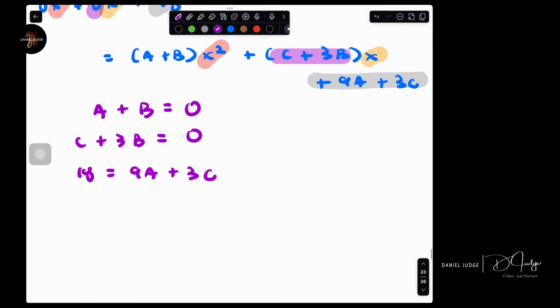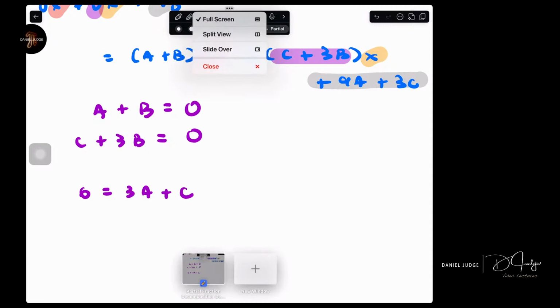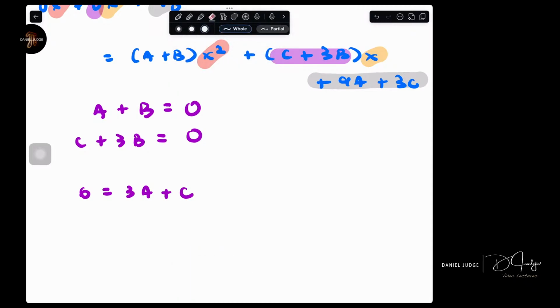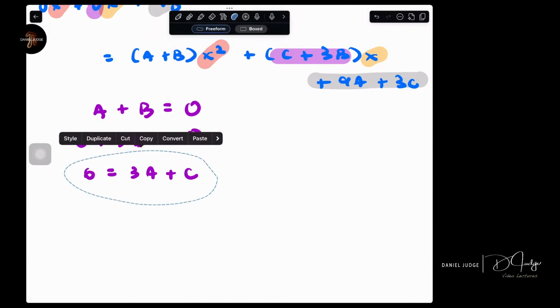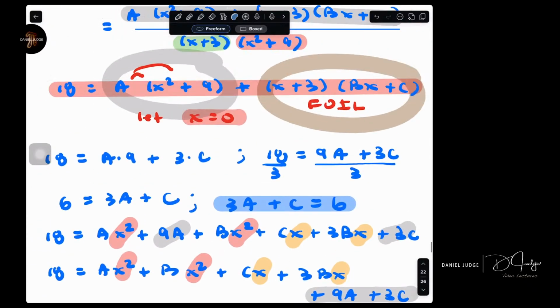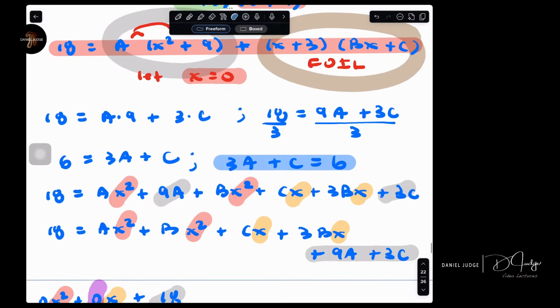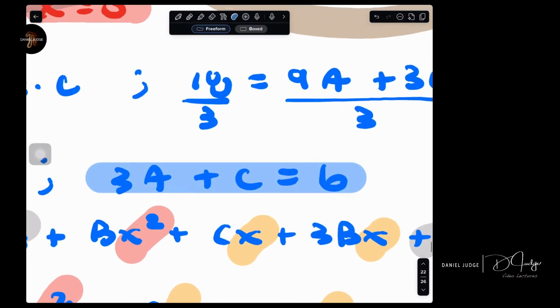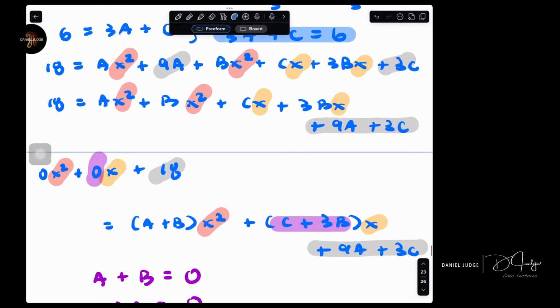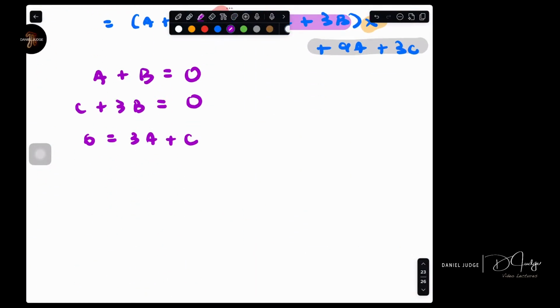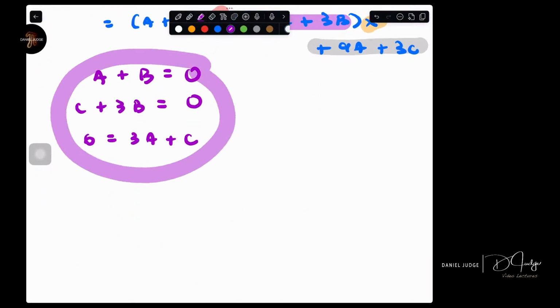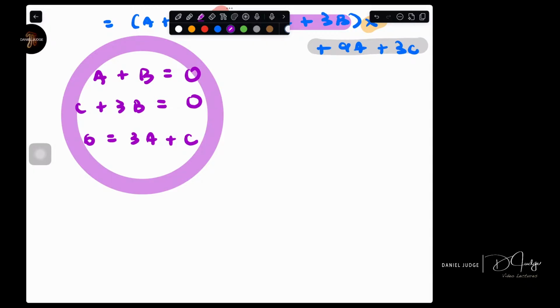So, like we said, that equation reduces to what you already know. And you might say, where did we get this one? Well, we got this one from when we took cases here. 6 is 3a plus c. Yeah, 3a plus c is 6. Now, we're going to use this system here to try to find a, b, and c.